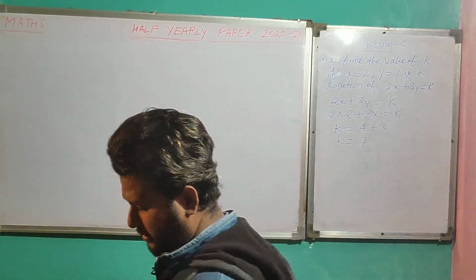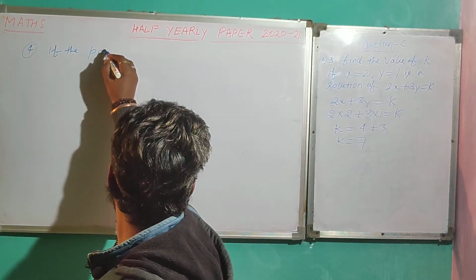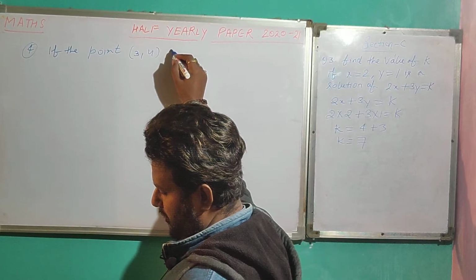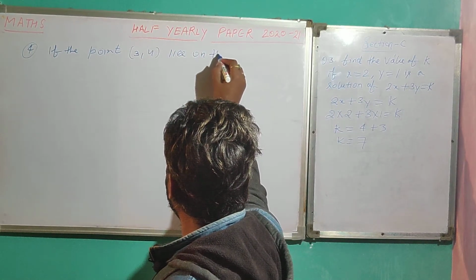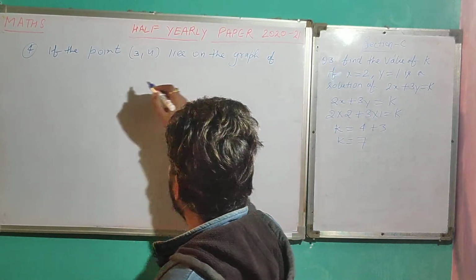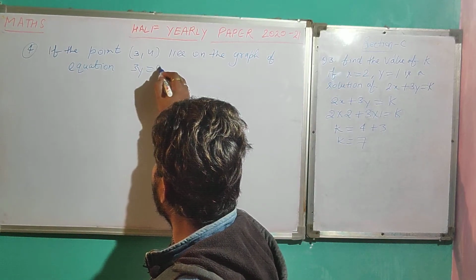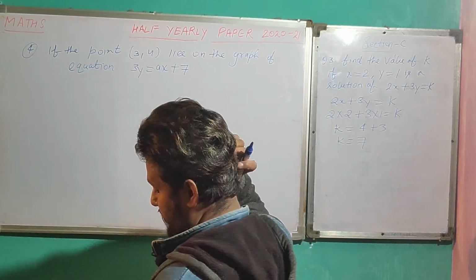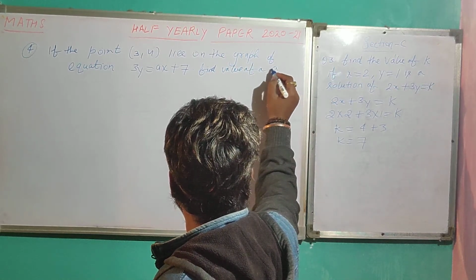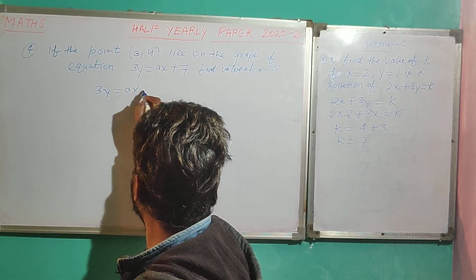The question number 4 says if the point 3, 4 lies on the graph of equation 3y is equal to ax plus 7, find the value of a. Okay, so 3y is equal to ax plus 7.